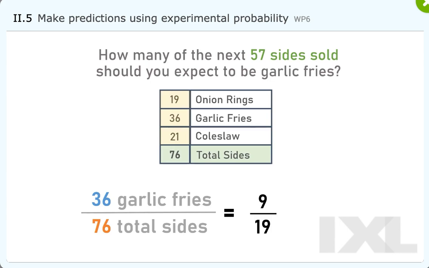Now we'll set our experimental probability equal to the ratio of garlic fries we expect to sell of the next 57 sides sold. We can represent this ratio as n over 57. Now our equation reads 9 over 19 equals n over 57. Let's solve for n now.